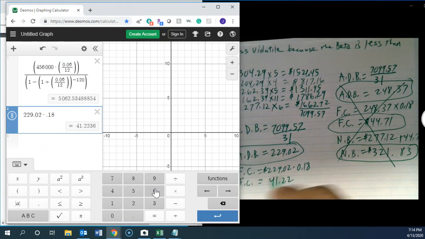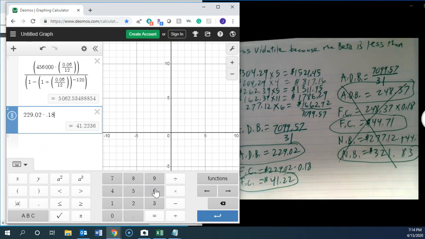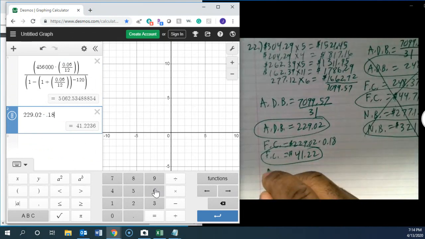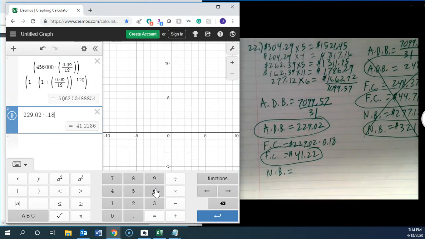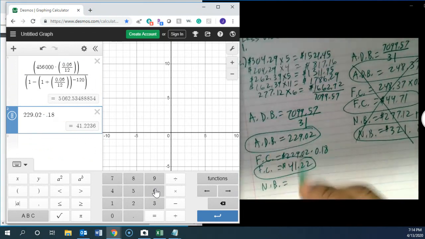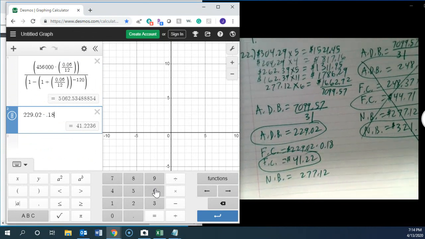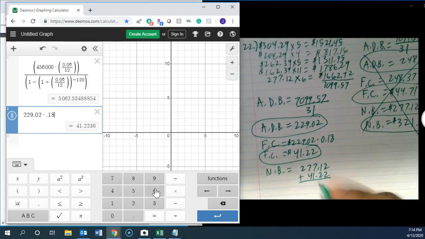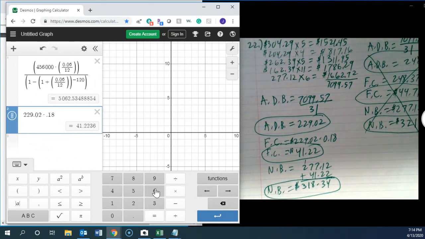So that's the finance charge. Now we want the new balance. The new balance would be the last value, which is $277.12, plus the finance charge, which is $41.22. So this would be 34.81. It'll be $318.34. So that is the final values here.